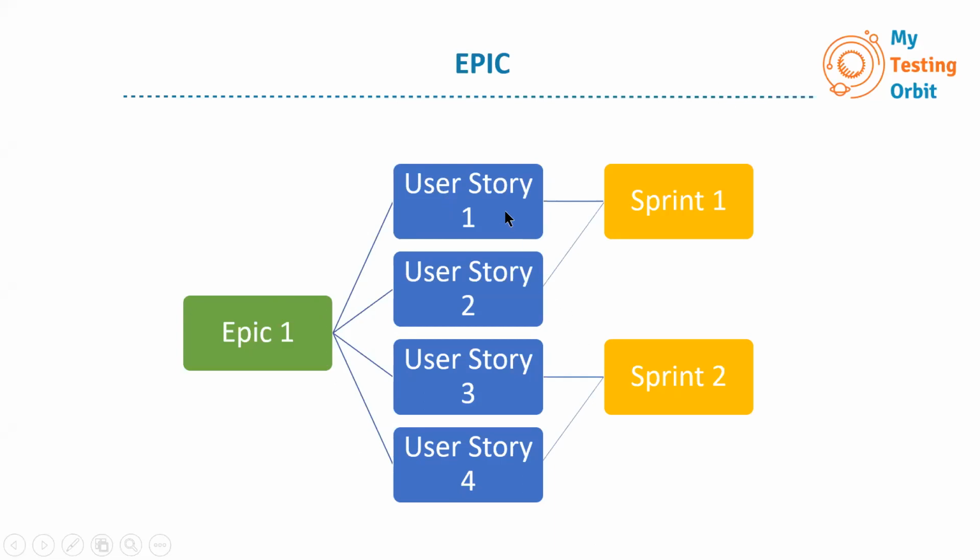So user stories 1 and 2, we aim to cover in sprint 1, and user stories 3 and 4, we might cover in sprint 2. We deliver something at the end of each sprint, but after we deliver sprint 2, we can say we have completed this epic. So this is how epics are related to user stories.